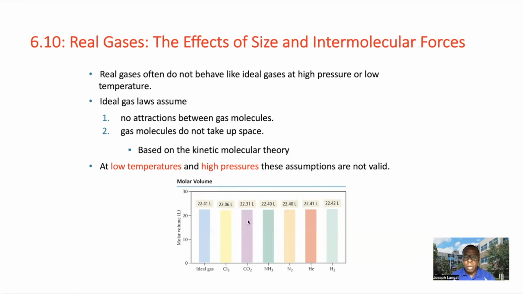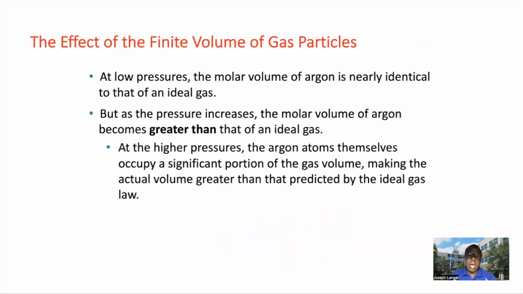These are called real gases. At STP, it's 22.42 instead of 22.41, 22.06 instead of 22.41. You see this? Except for helium right here, which matches exactly, there's deviation from ideal. We see that.